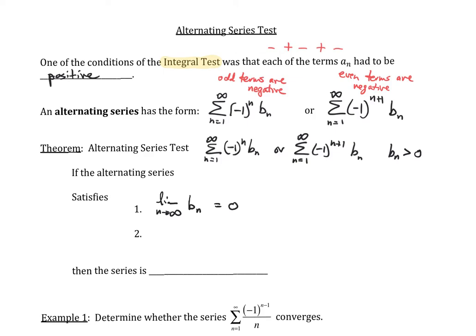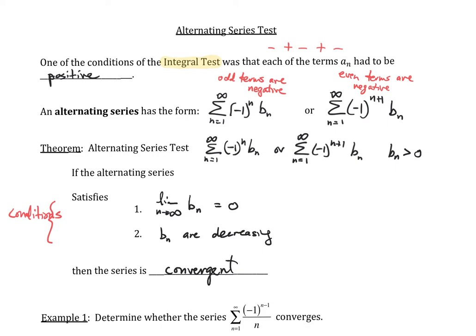And the second condition is that those positive numbers, b_n, need to be decreasing. When those two conditions are satisfied, then the series is convergent. That's the conclusion.